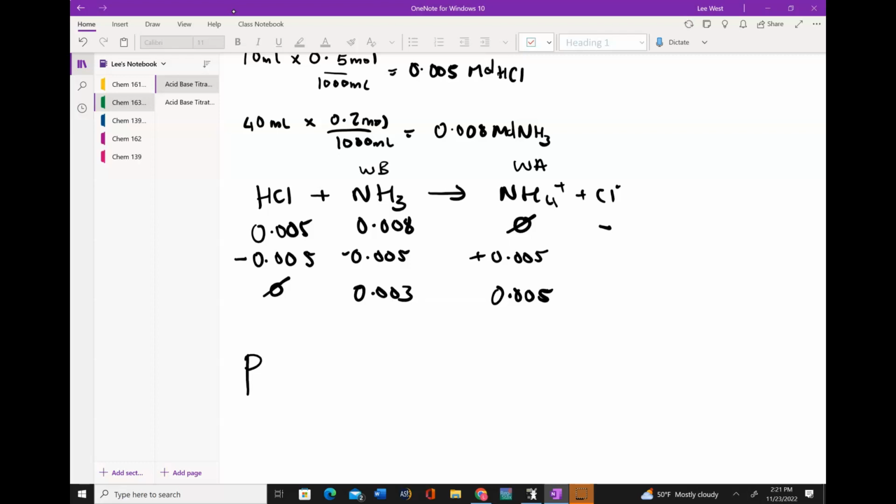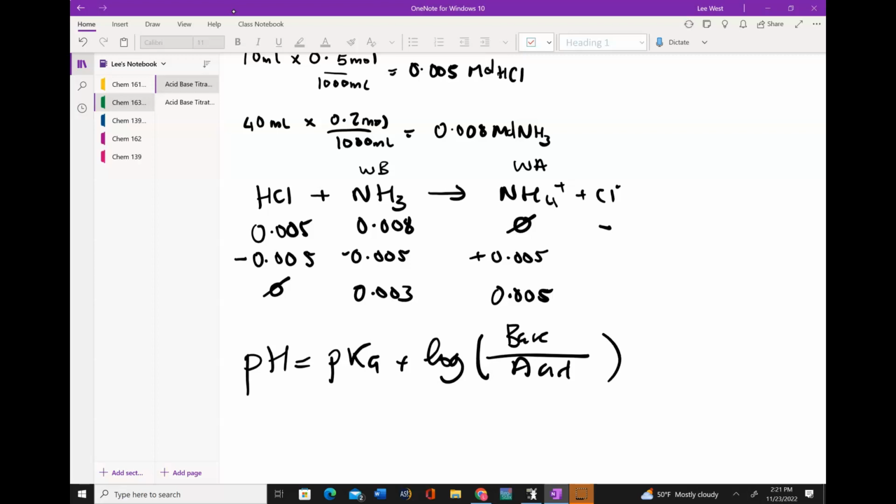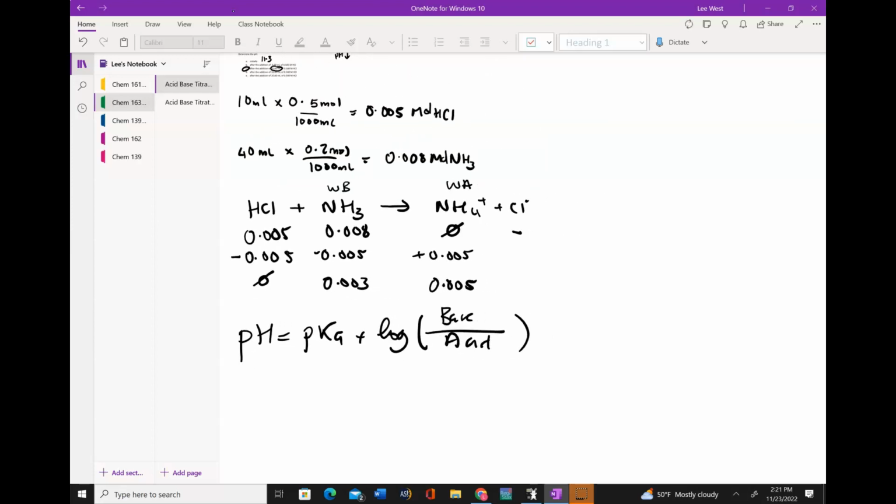So now I'm ready to go ahead and do Henderson-Hasselbalch. pH equals pKa plus log of moles of base over moles of acid. And we'll know if we've got it around the wrong way, because it won't be less than 11.3. So we're going to want the pKa there. What we have at the moment is Kb, don't we?